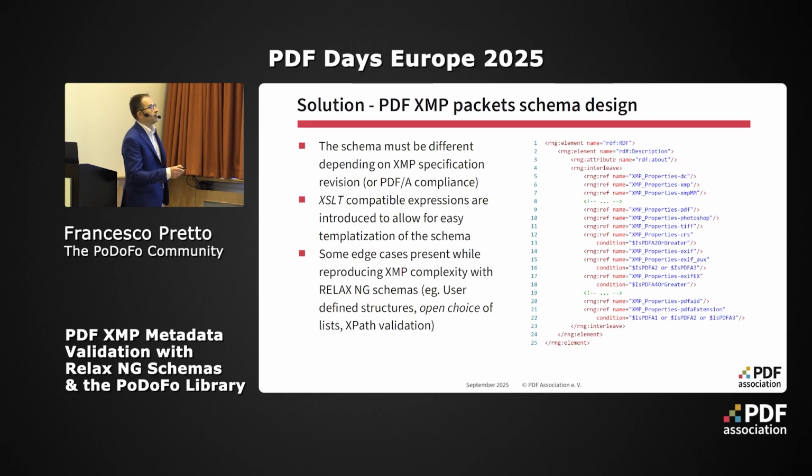You see RDF and Relax NG elements, and because the schema must be specific for a particular XMP specification revision, in my case it was easier to define this specification by just mentioning if it's PDF/A-1 or 2 or 3 or 4 schema.